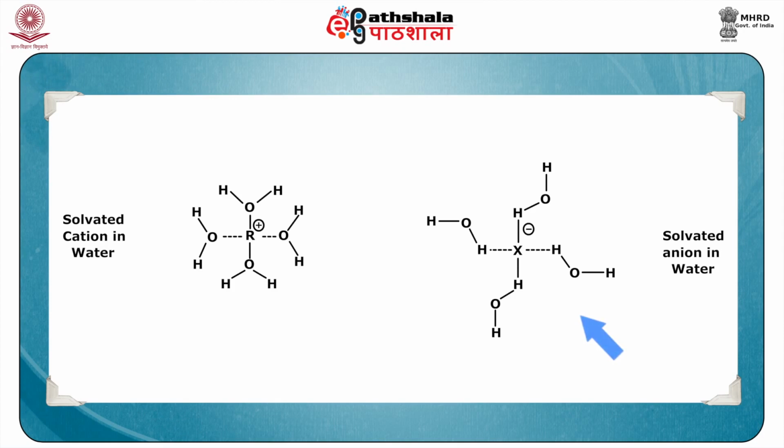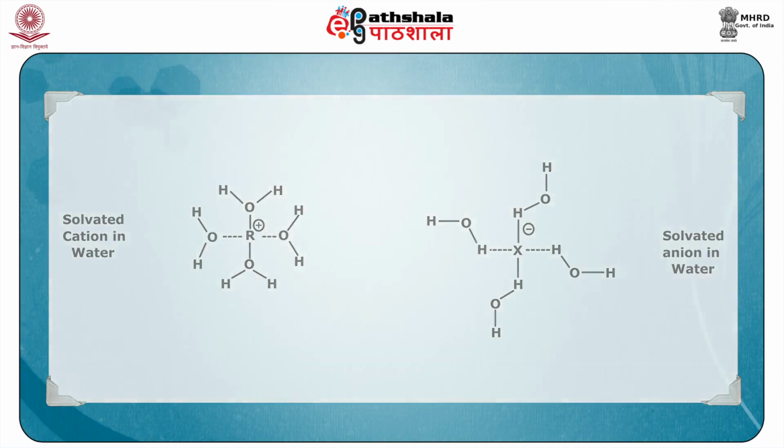This is how the solvated cation looks when water as solvent is surrounding it, and you have the solvated anion where the water is surrounding. So, when it is a solvated anion, the H, which is the delta plus part of the water, will be interacting, but when it is the solvated cation, then the O through its lone pair will be solvating.